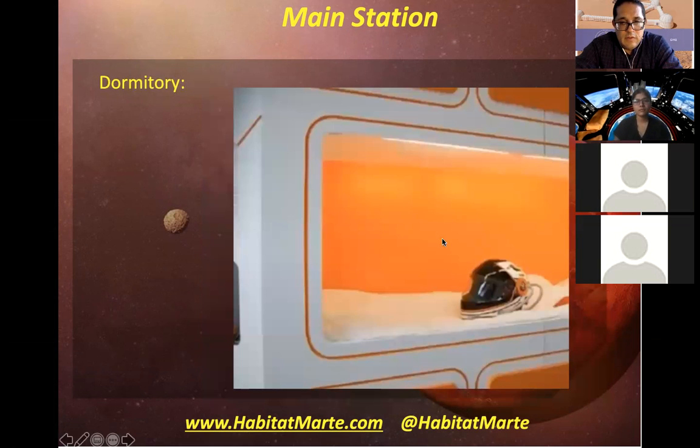The dorm is very minimalist, and also presents areas to keep personal clothes and things like this.